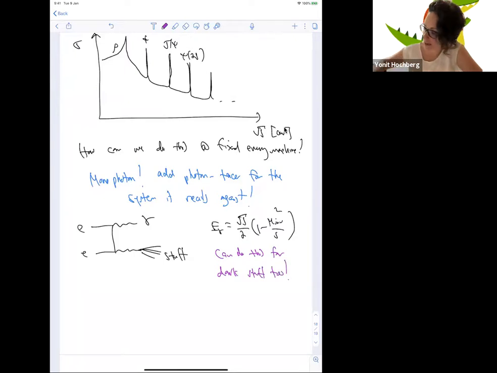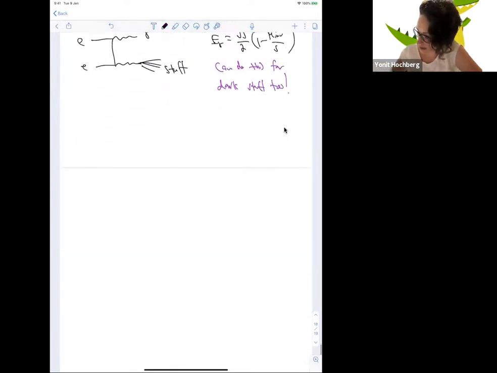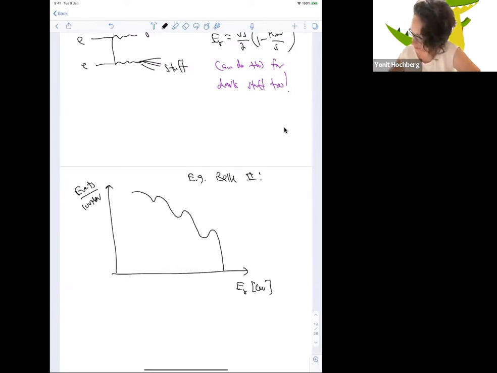Just to show you what this looks like, at a low energy machine like Belle 2, you could hope to see something like this. You look at the energy of these monophotons, at how many events per 100 MeV, and you have some spectrum where you're able to see one resonance, a second resonance, a third resonance, etc. So here will be like some tower of dark resonances.